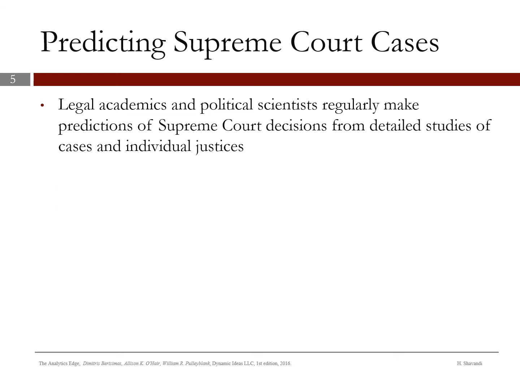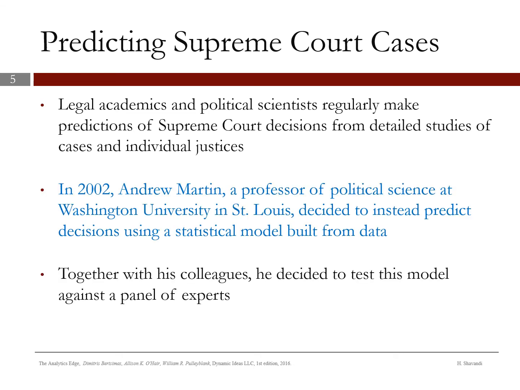Predicting Supreme Court cases: usually legal academics and political scientists make predictions about the Supreme Court decisions by studying the details of previous cases and individual justices.